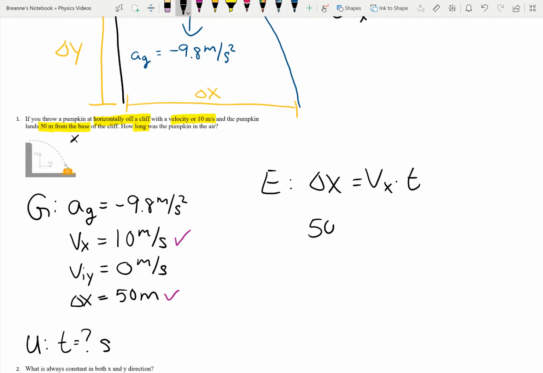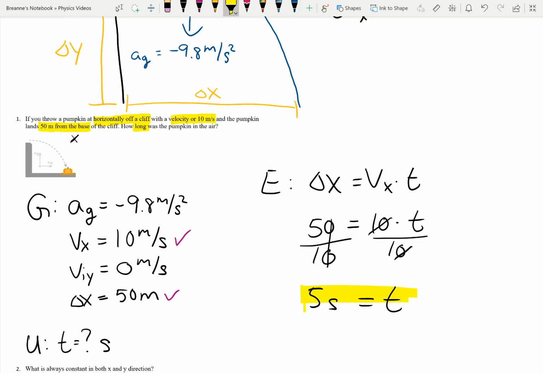Your delta x was 50, your vx was 10, and you're looking for time. You want t by itself, so you need to get the 10 over there. It's being multiplied, and the opposite of multiply is divide. What you do to one side, you have to do to the other. Then you plug that into your handy dandy calculator and you get 5 seconds. So it takes 5 seconds for it to be launched off.